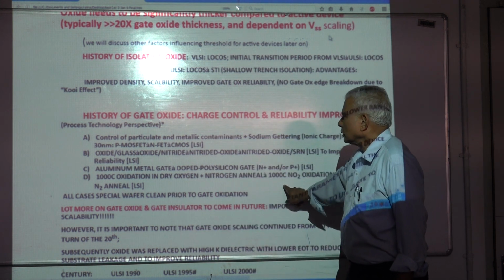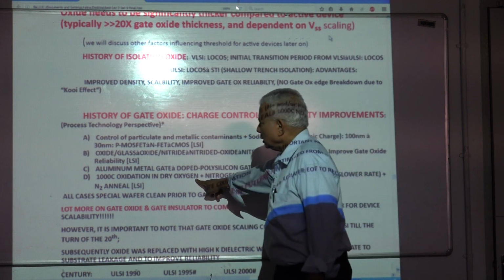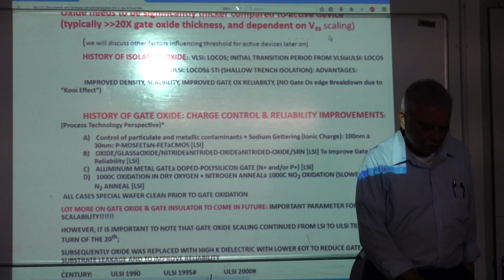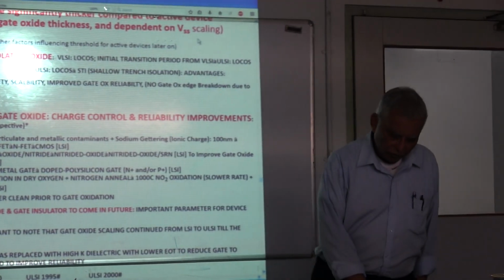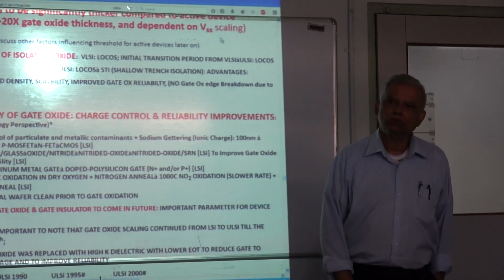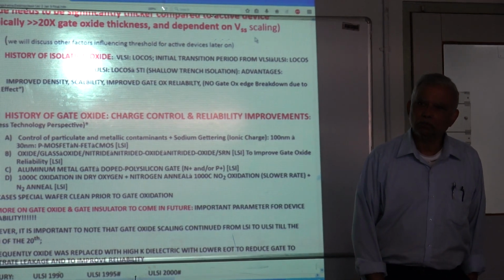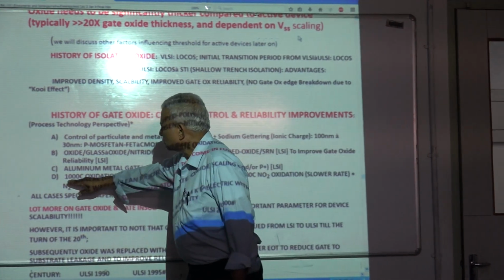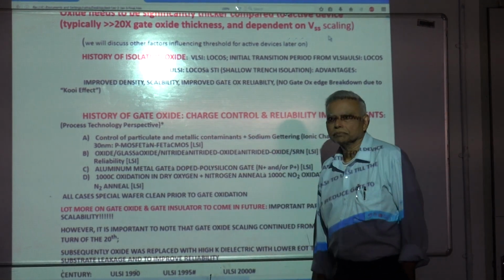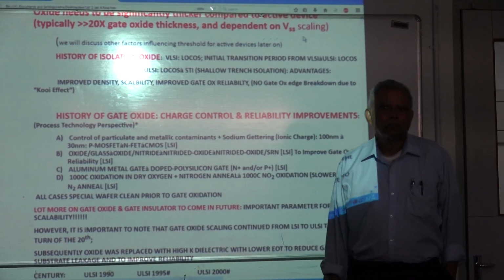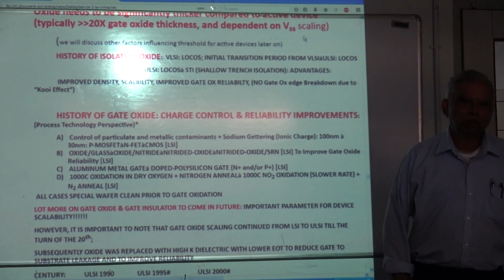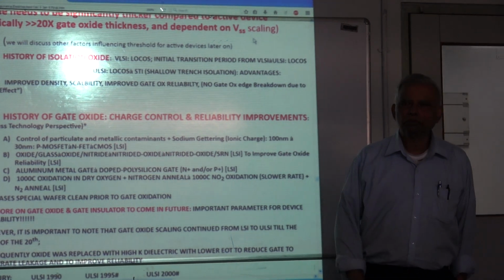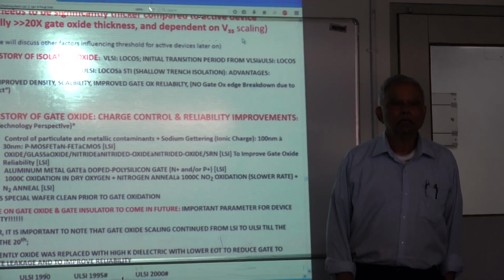Typically, good, clean, dry oxide with essentially stoichiometric SiO2 formation is aided by higher temperature oxidation. Now there are other tricks we played, there's another story, where we could lower the temperature to make very good oxide.